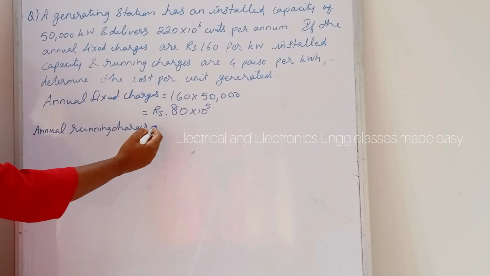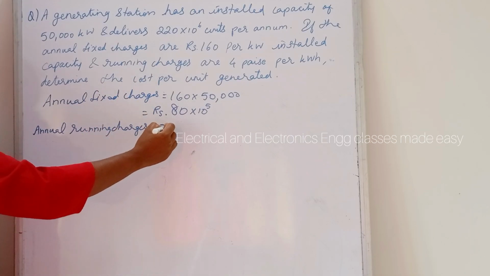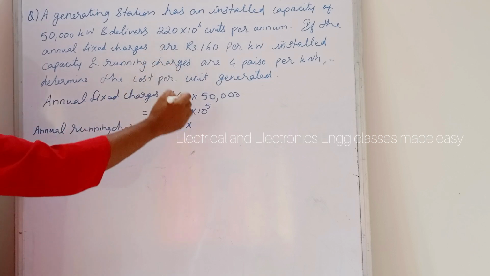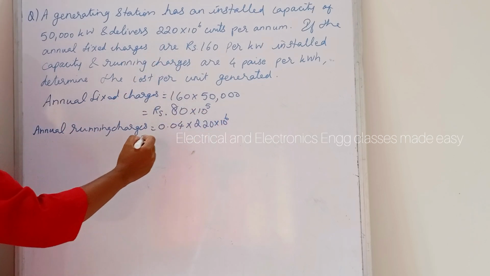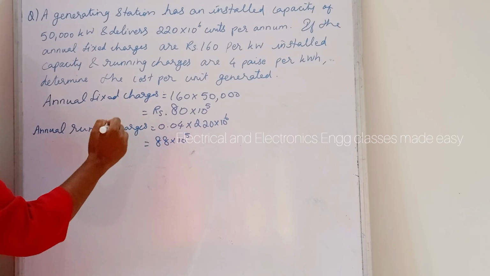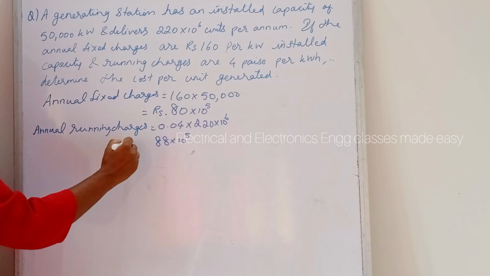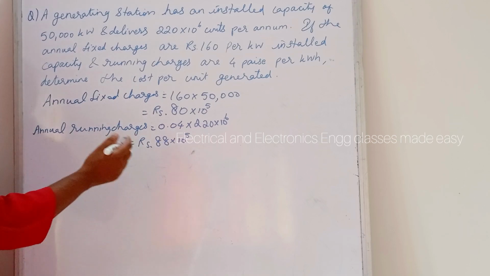So running charges is equal to 4 paise, 4 paise means 0.04 into 220 into 10 raised to 6, and that is equal to 88 into 10 raised to 5 rupees.